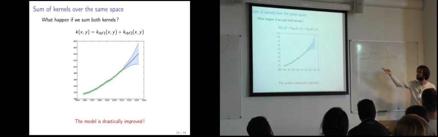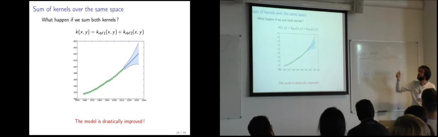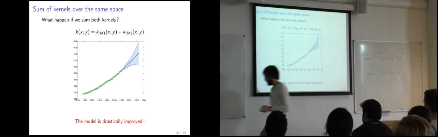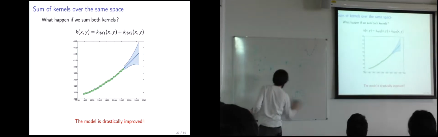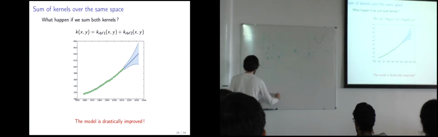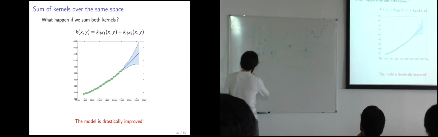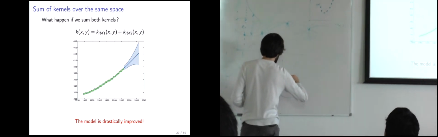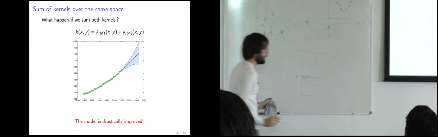So the prior we have for this model is basically, we consider two GPs, one with a large length scale. We are going to sum that with a GP with a very small length scale.